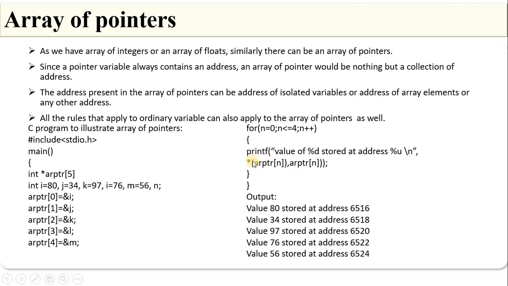But if you say star, it will give the value, that is the value 80, stored at the address, whatever address is stored, that is i's address. When n is 1, this is arptr[1], that will be the address of j, printed here. But the value stored at that address you could get using star, and that is printed here. That's why it prints value of 34 stored at the address 6518, and so on and so forth.